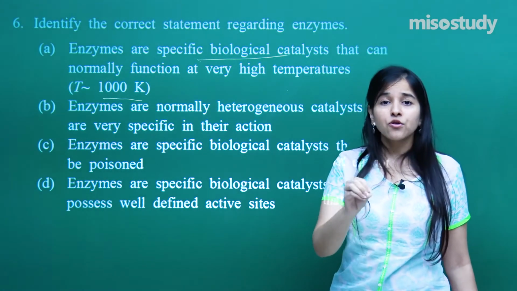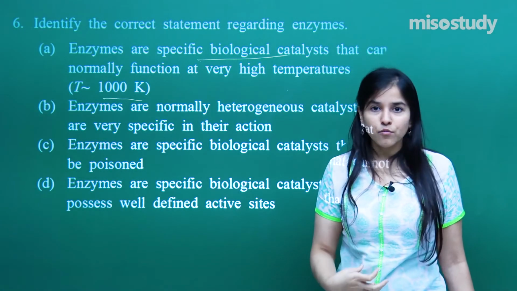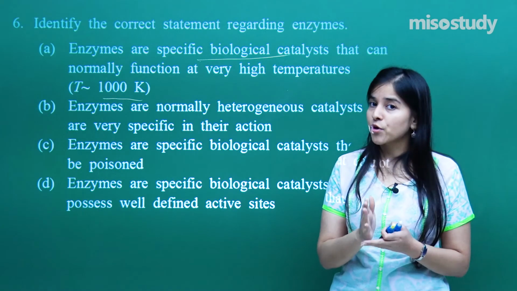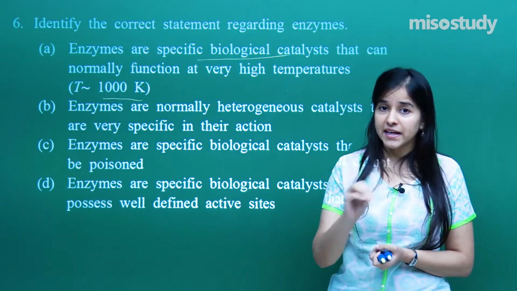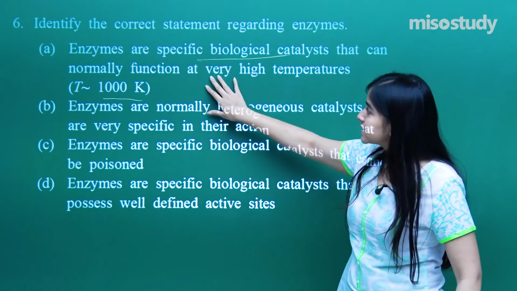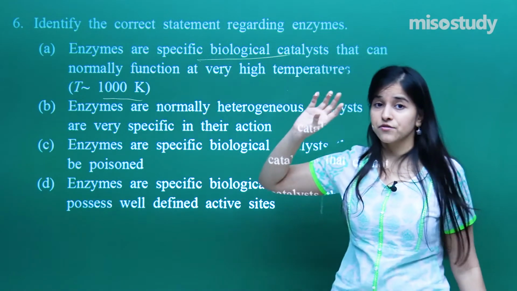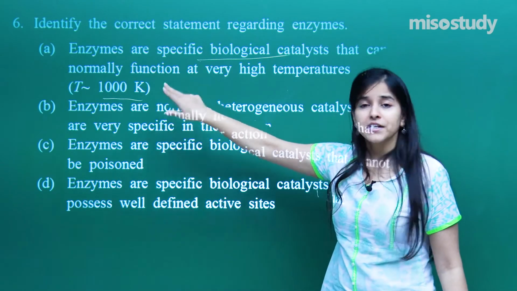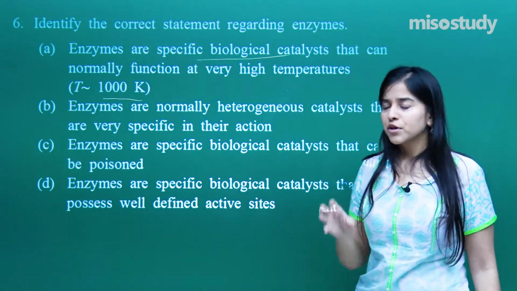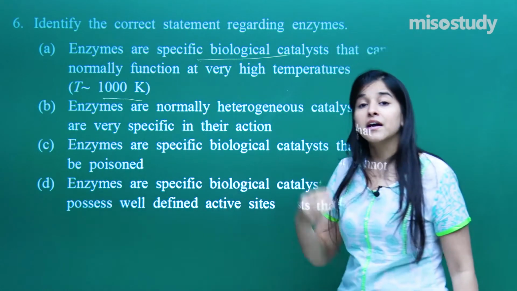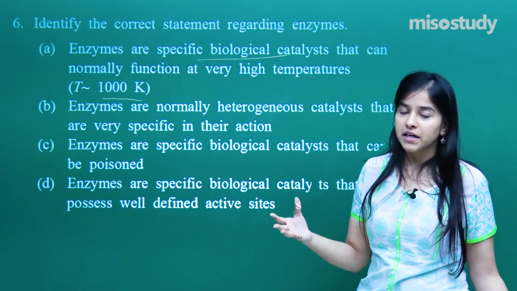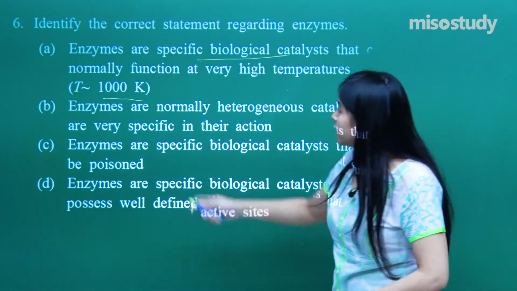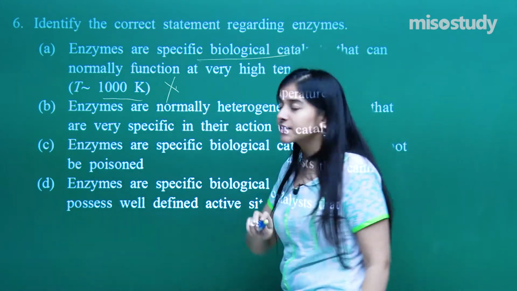Not at all. The enzymes lie in our body, and they function properly within mild conditions. They do not require so much temperature, because so much temperature in our body would lead to something else. We would be dying. So this option is incorrect.